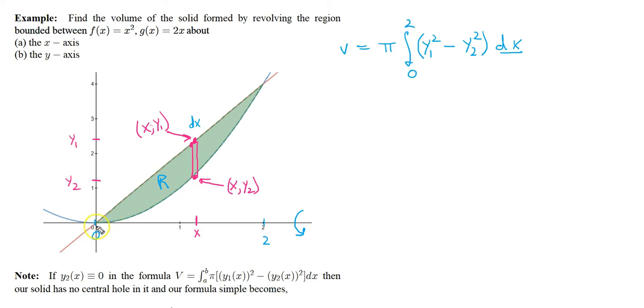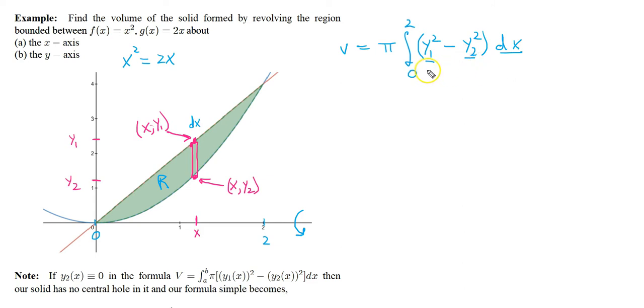And once again, remember the way we find the 0 and the 2 for this particular problem is by setting x squared equal to 2x. And the solution to this is 2 and 0. So that's how we find those points. We did that previously. Now what we have to do is rewrite y1 and y2 in terms of x.